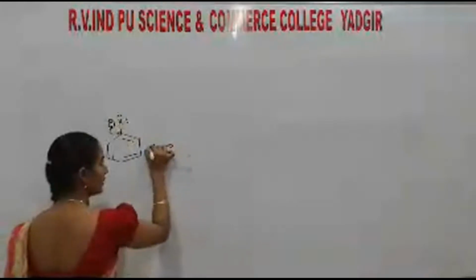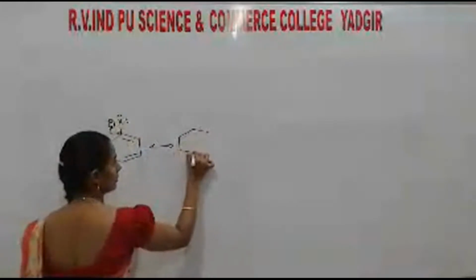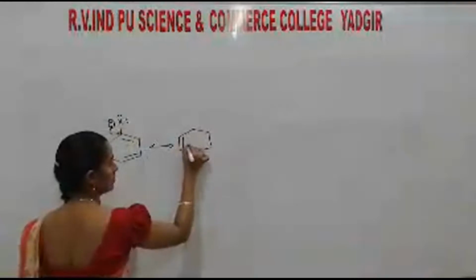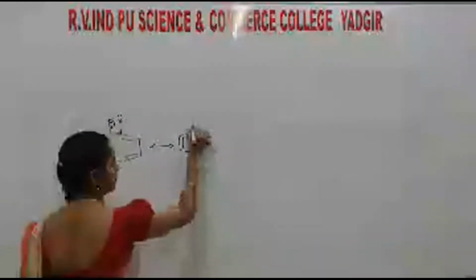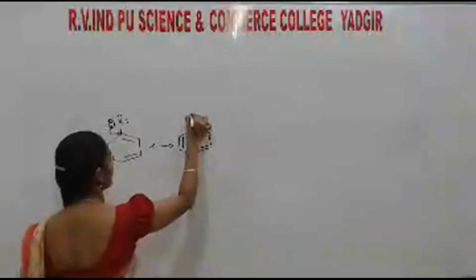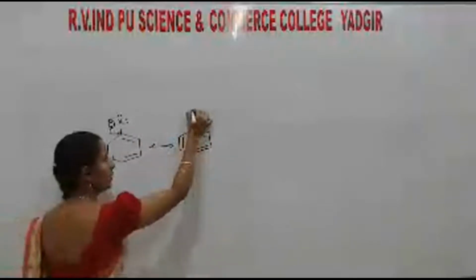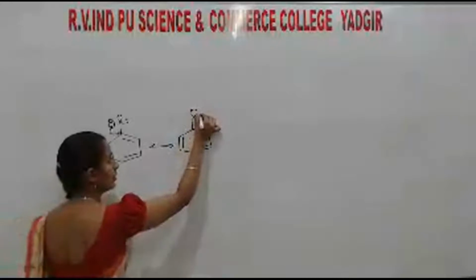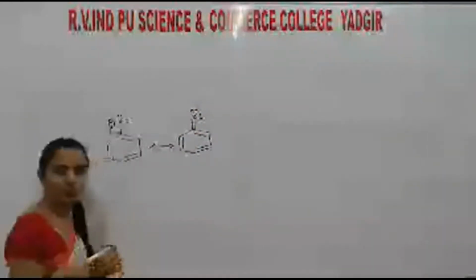What is this? Aryl halide. So here what happens? These lone pair electrons are involved in the resonance. So when they shift here, they form a double bond, and here only this type of electron is left.